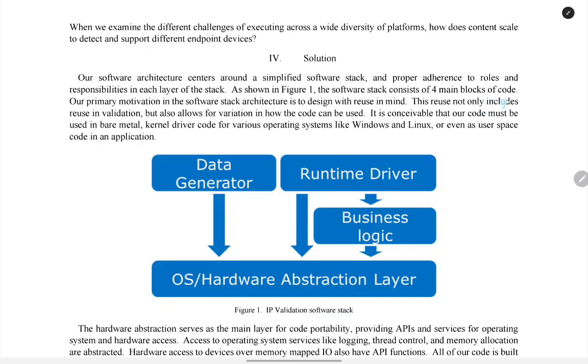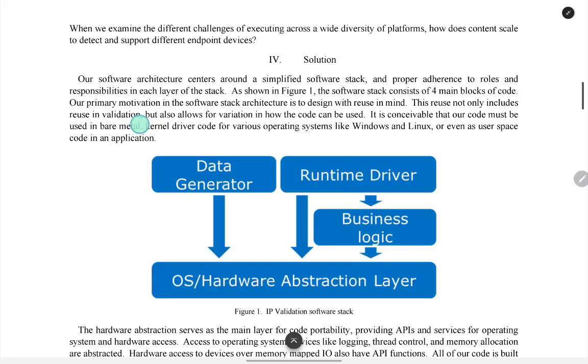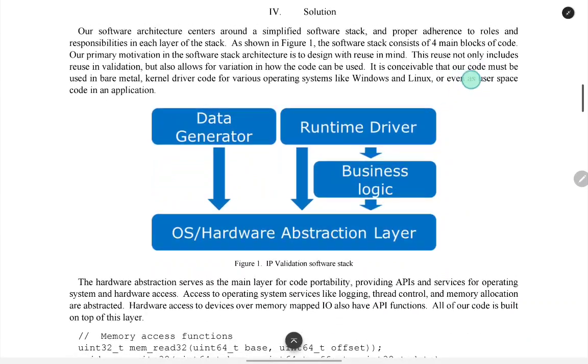This reuse not only includes reuse in validation, but also allows for flexibility in how the code can be used. It's conceivable that our code must be used as bare metal or kernel driver code for various operating systems like Windows and Linux, or even as user code in an application.